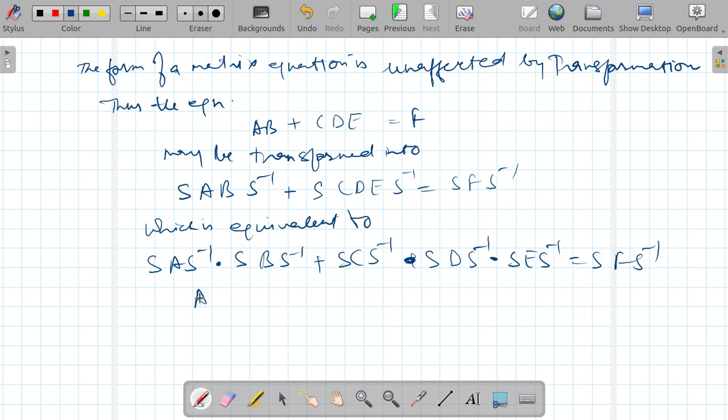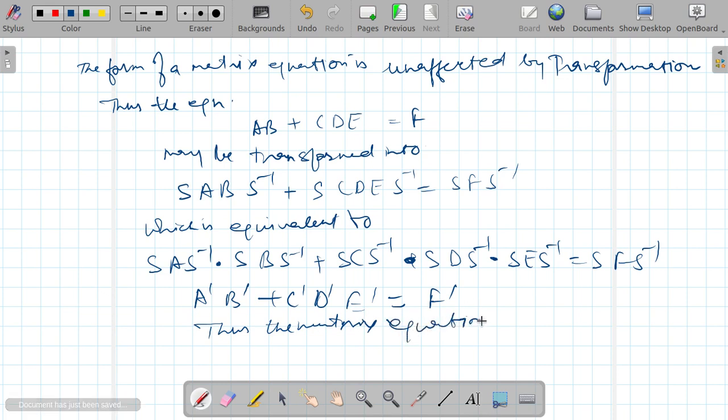So then it can be written as A prime B prime plus C prime D prime E prime and must be equal to F prime. Thus the matrix equation is invariant, right?